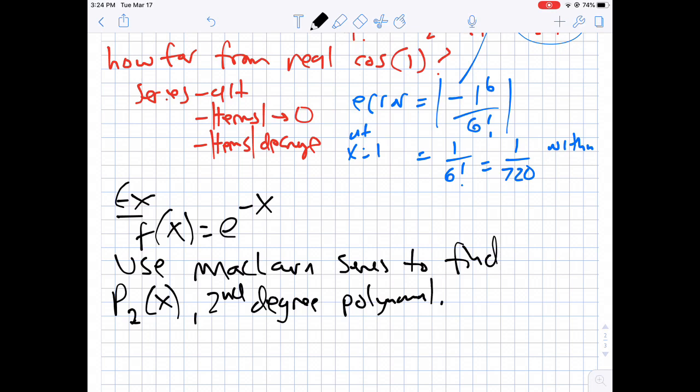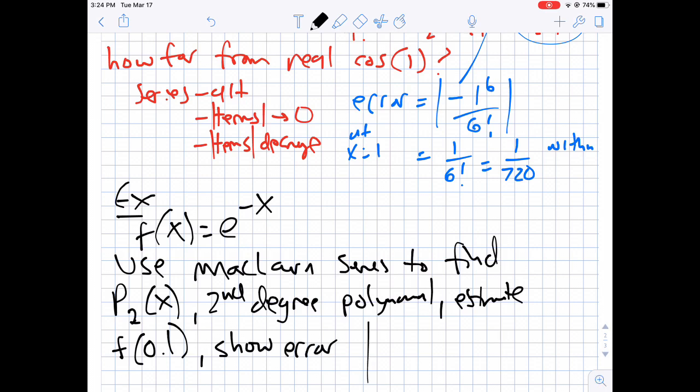And then we're going to estimate f of 0.1. And then we're going to show that this error, this absolute value of f of 0.1 minus p sub 2 of 0.1, is smaller than 1 over 5,000.